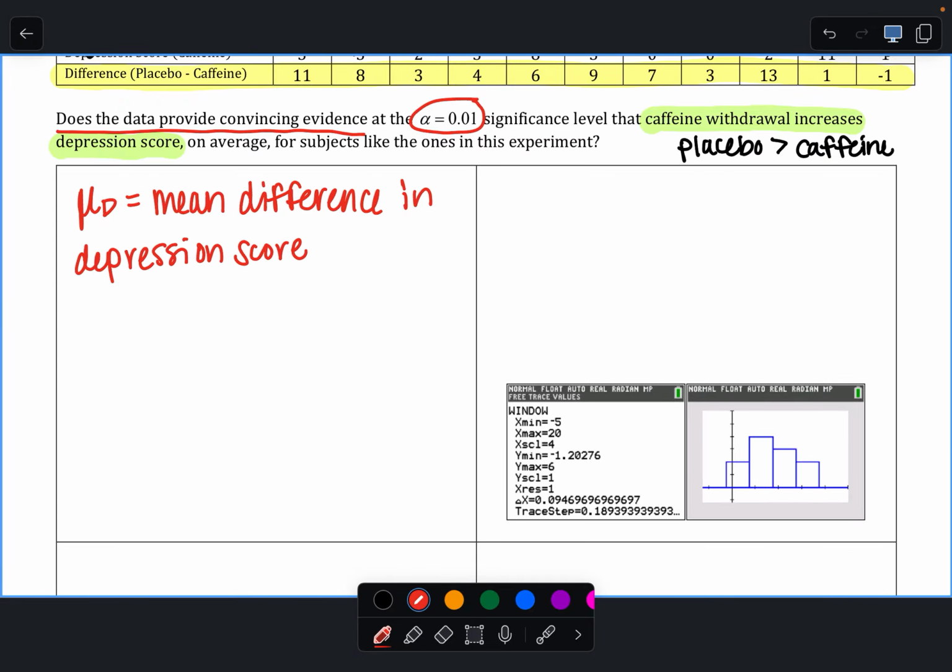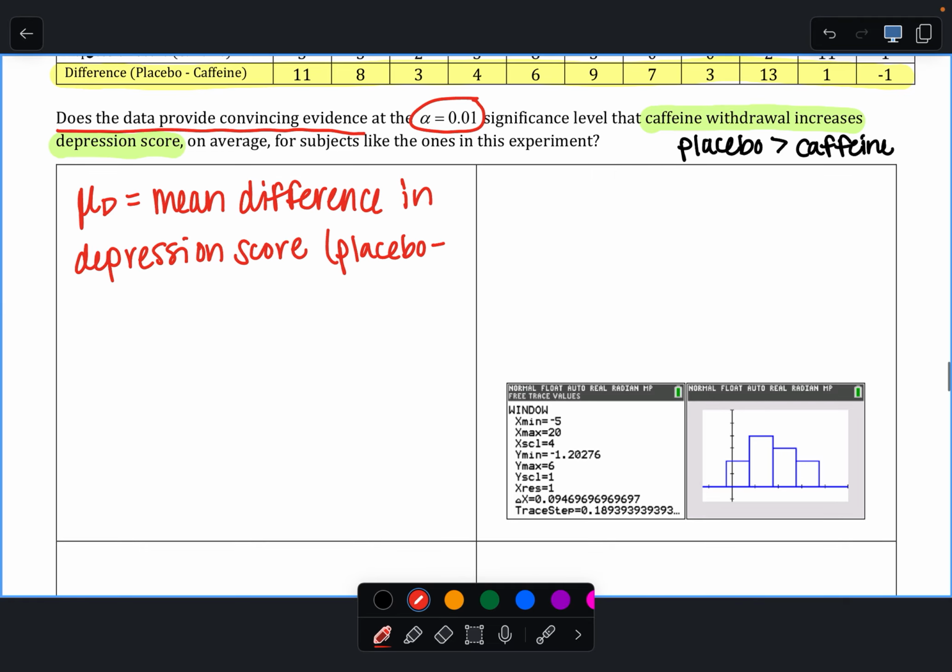And I'm just going to specify placebo minus caffeine. If you were calculating and picking yourself, you would absolutely have to say, I did placebo minus caffeine. I think it's helpful either way.